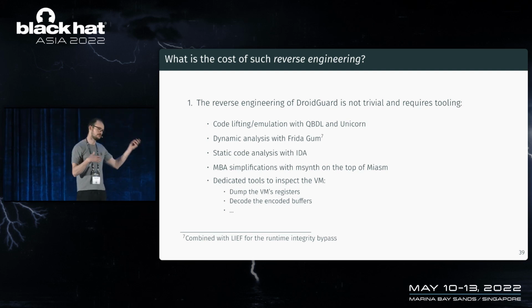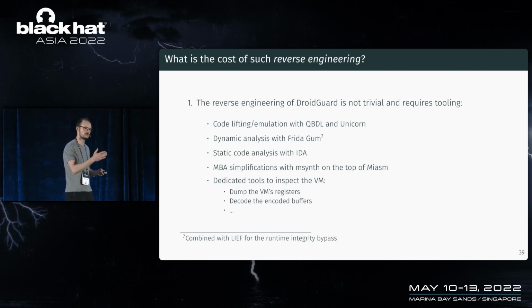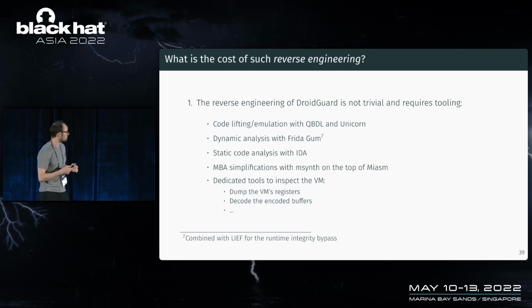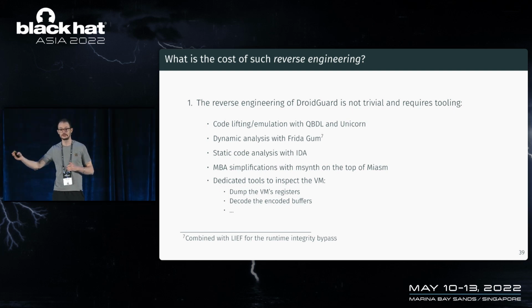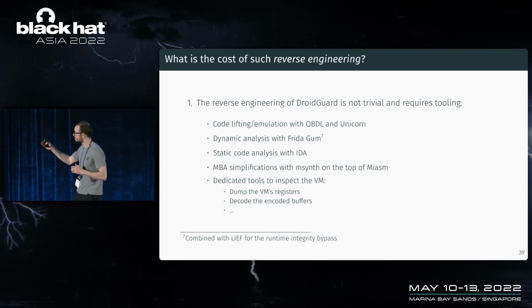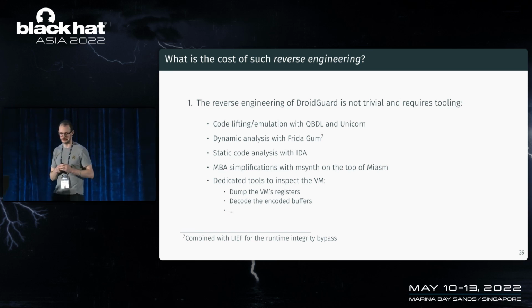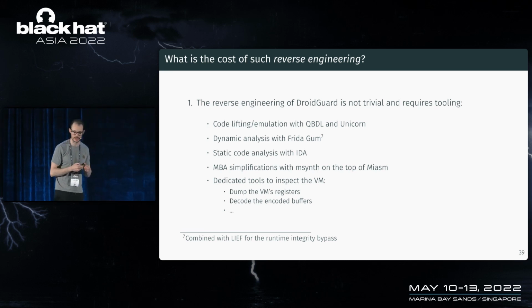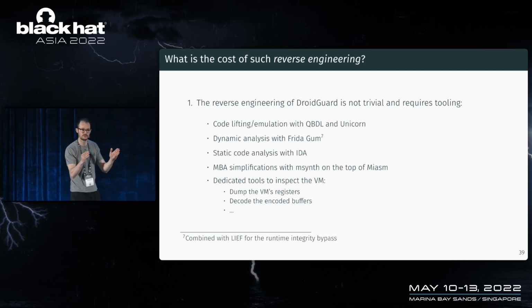And so I had to develop some tools to do that. I also use public tools like QBDL for simplifying the MBA. I also use MSynth, which is very efficient for simplifying the MBA. And I also developed some dedicated tools, for instance, to do some kind of code lifting.